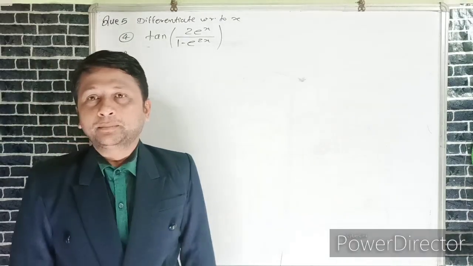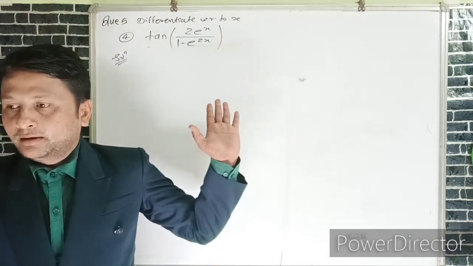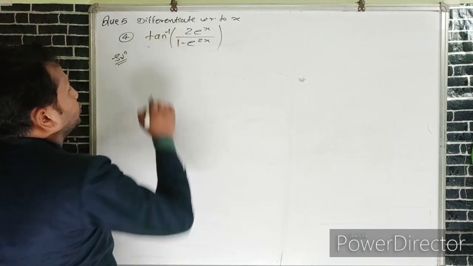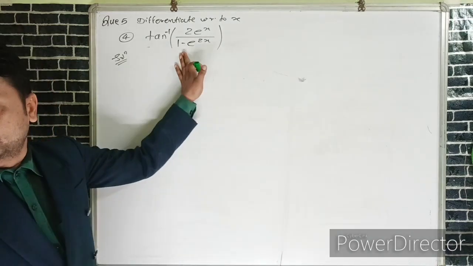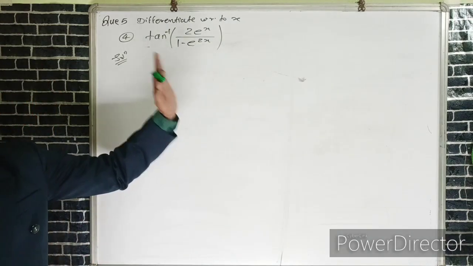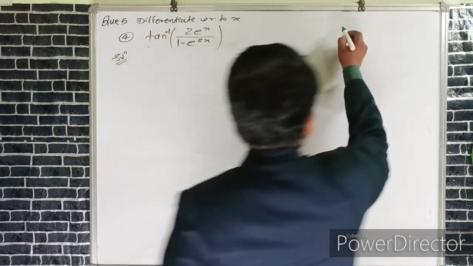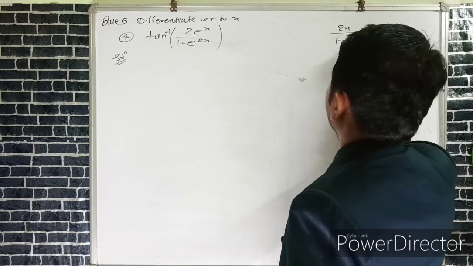Next one, which is example number 4, is tan inverse of 2 into e to the power x upon 1 minus e to the power 2x. Here the given function is in the form 2x upon 1 minus x square.